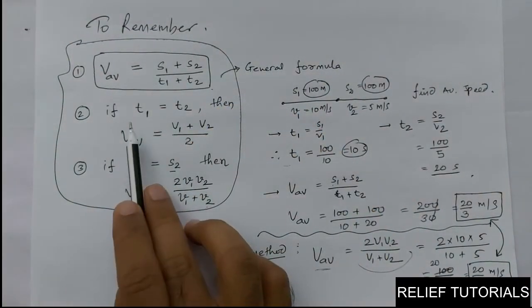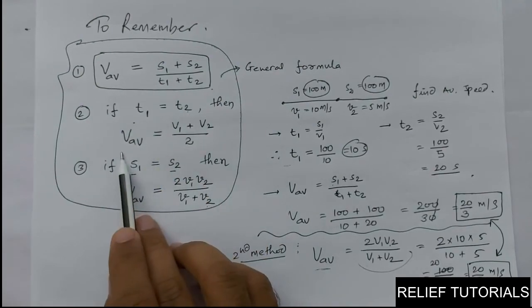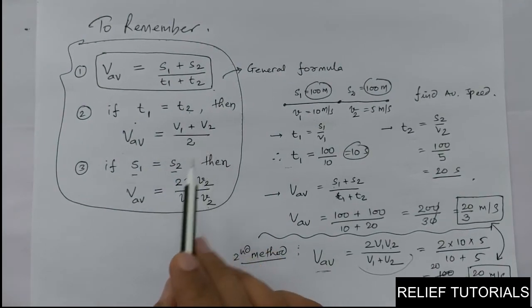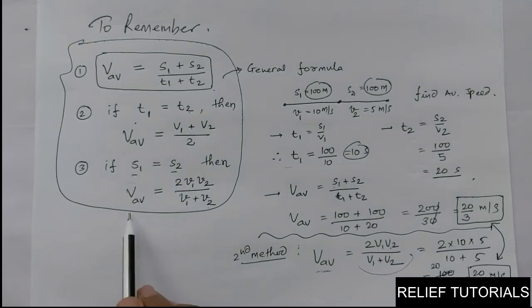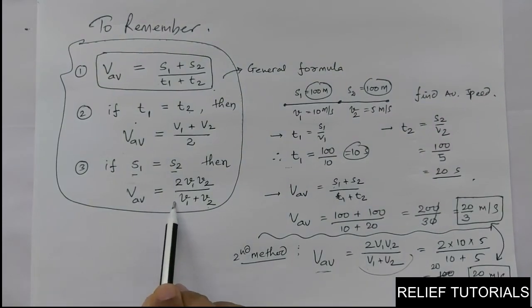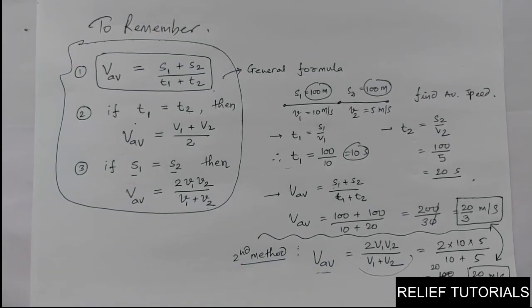If you find T1 is equals to T2, then you can use this formula. If you find S1 is equals to S2, then you can use this formula to get the answer quickly. Is that clear? Now based on this, we have to solve some more problems. Let us see some problems.